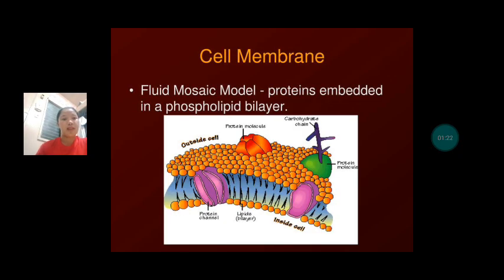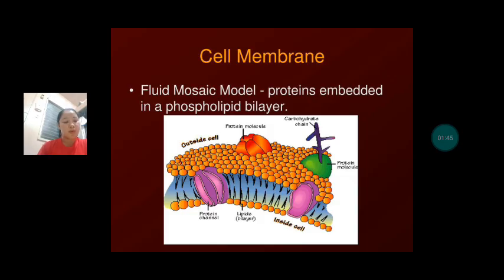So here is the cell membrane, or the fluid mosaic model. The model was proposed in the 1890s, and its chemical components were described in 1915.